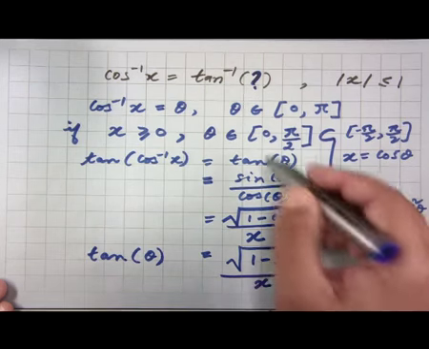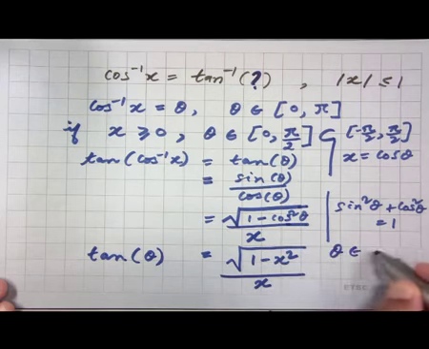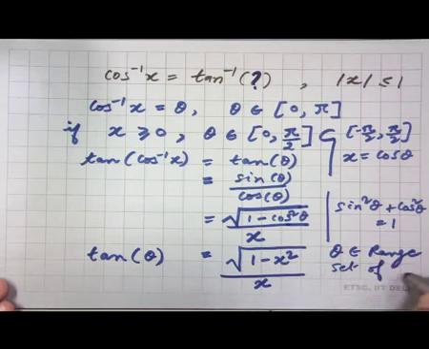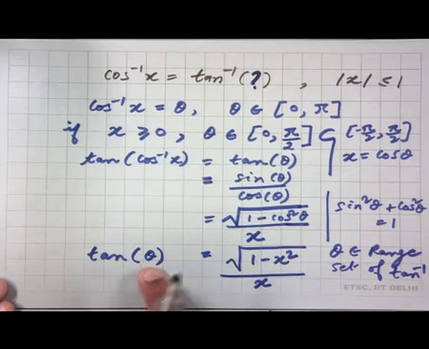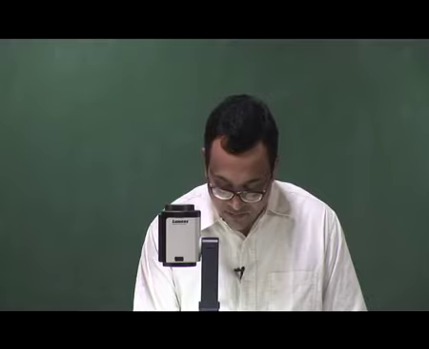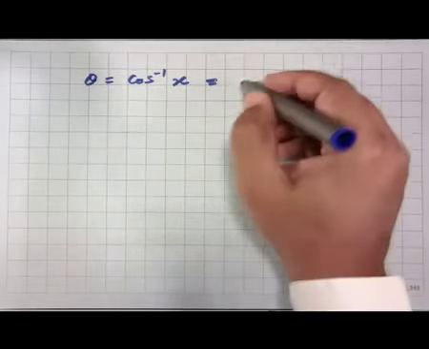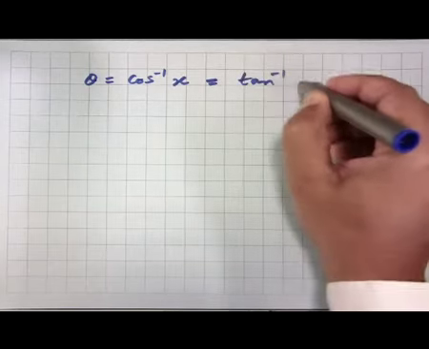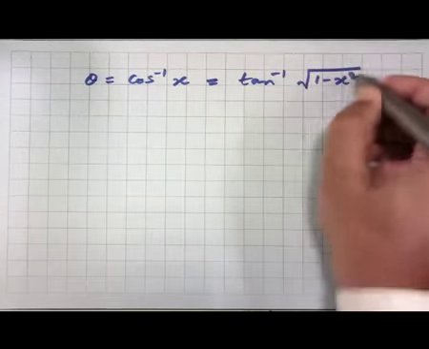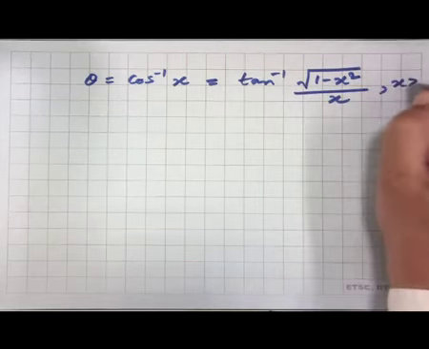So theta belongs to the range set of the tan inverse function, and because of that, it follows that theta, which is actually cos inverse x, is equal to tan inverse of square root of 1 minus x square over x. But this is only true for x greater than or equal to 0.